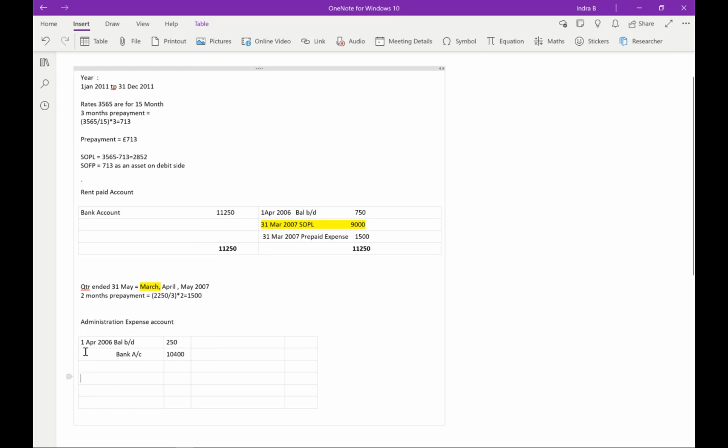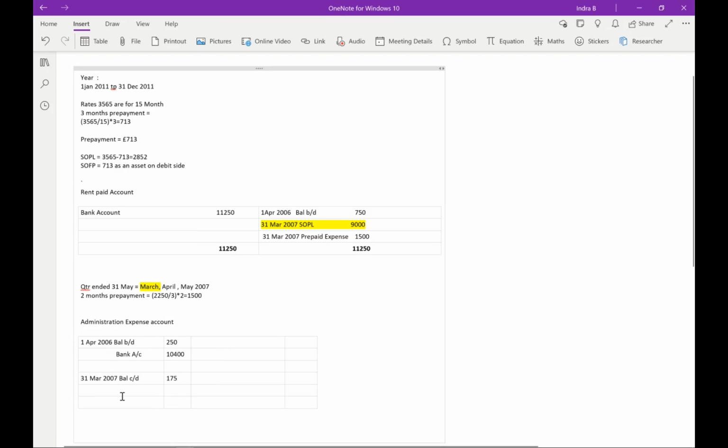So here we will write 31st March 2007. We have balance carried down. How much? 175. Right. Now we have to find out the total, how much it will go to the P&L account.